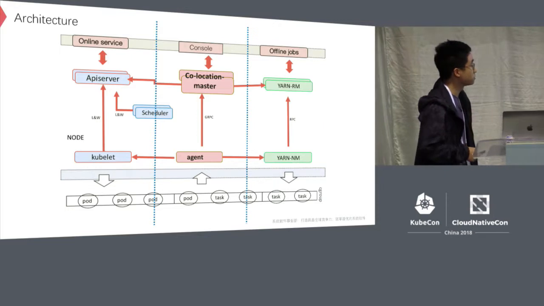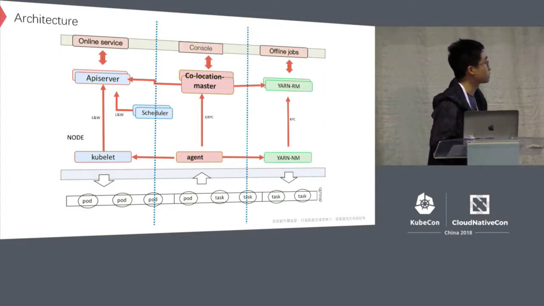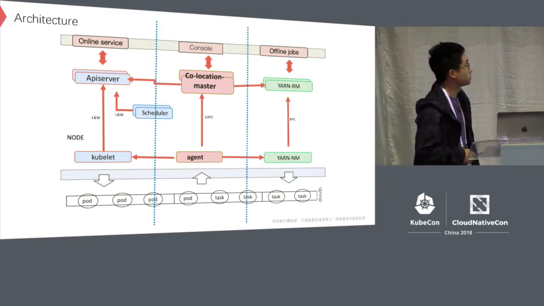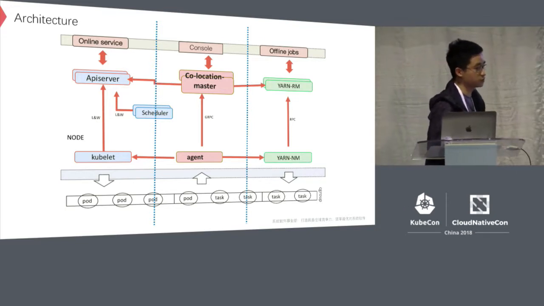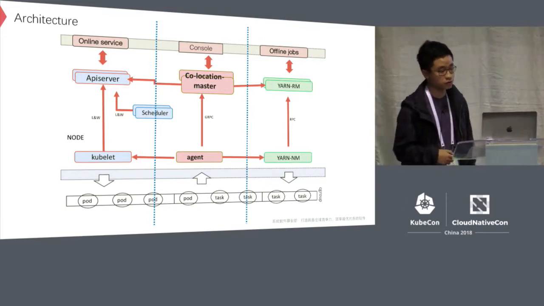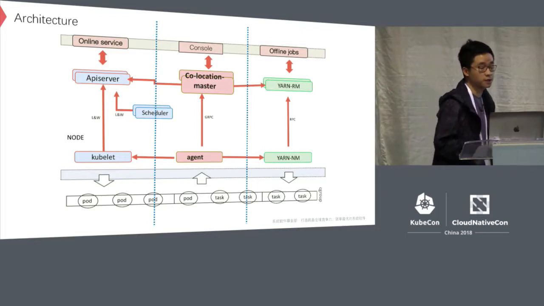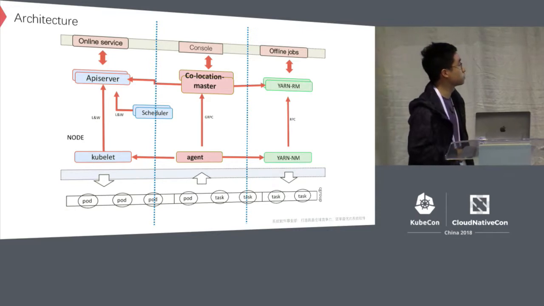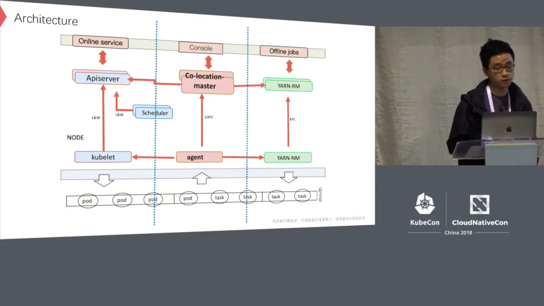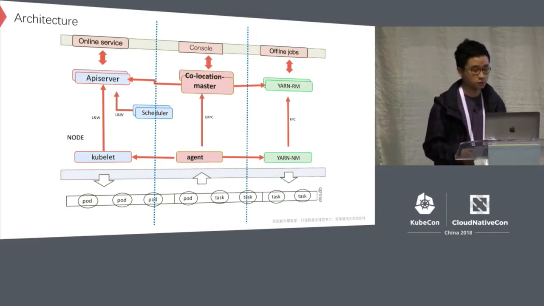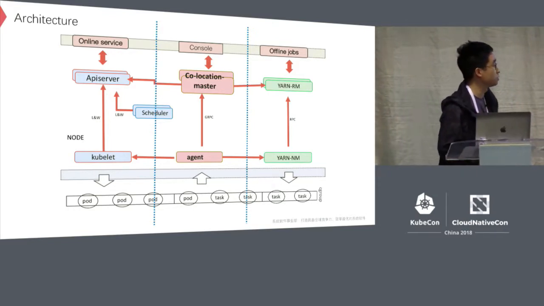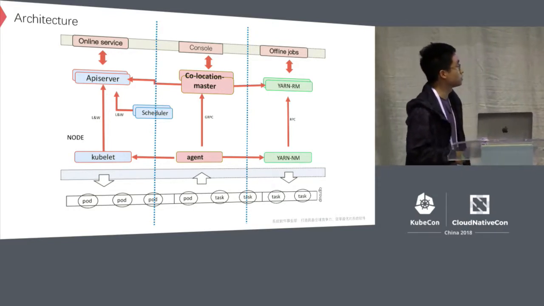And for this picture, if you see some technical scripts of Alibaba, you may see something similar but something different. It is an internal product of Alibaba, because for Kubernetes and YARN, for this open source, the visions are different.